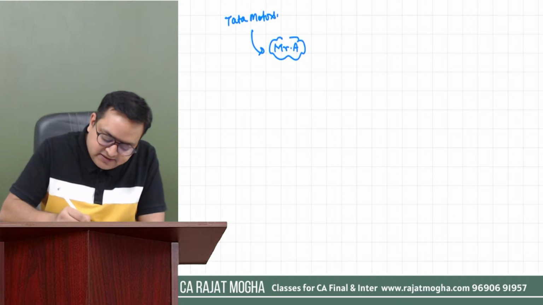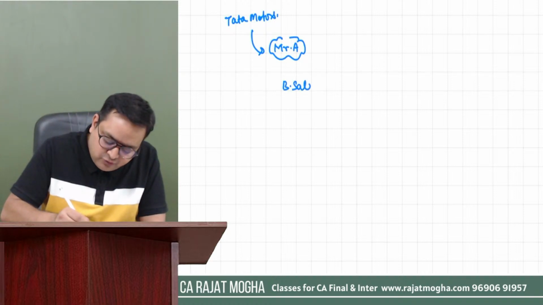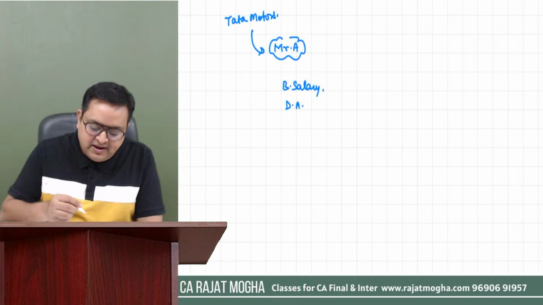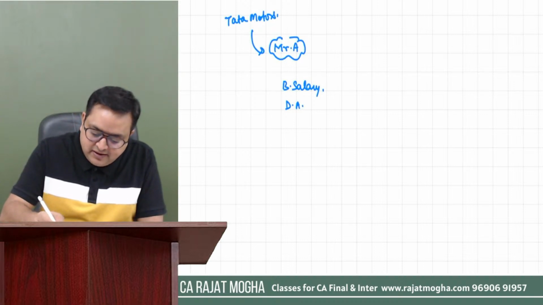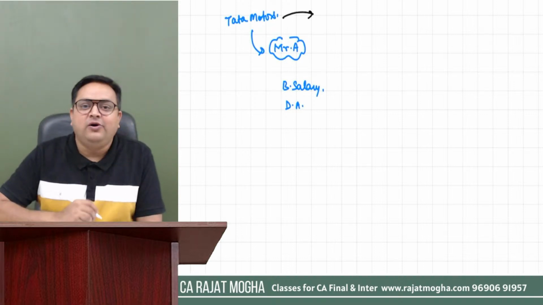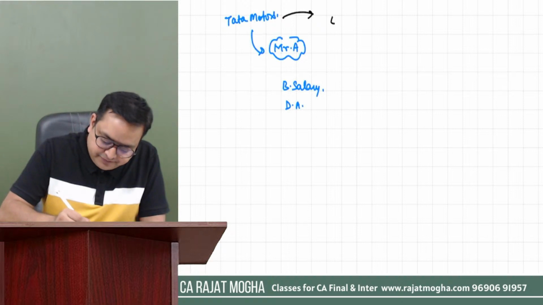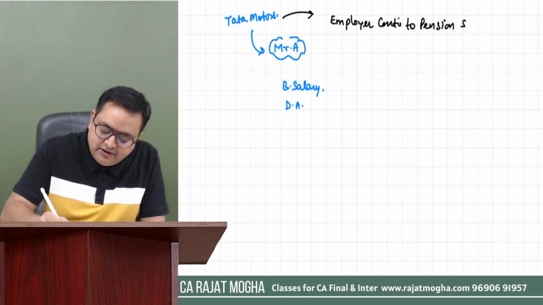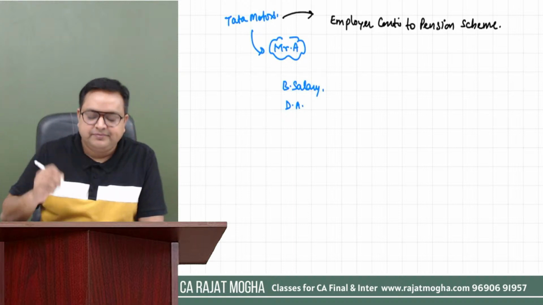Let's say they are giving basic salary to Mr. A. They are giving dearness allowance to Mr. A. And Tata Motors is also contributing an employer contribution to the pension scheme. They are also contributing to the pension scheme, boss.